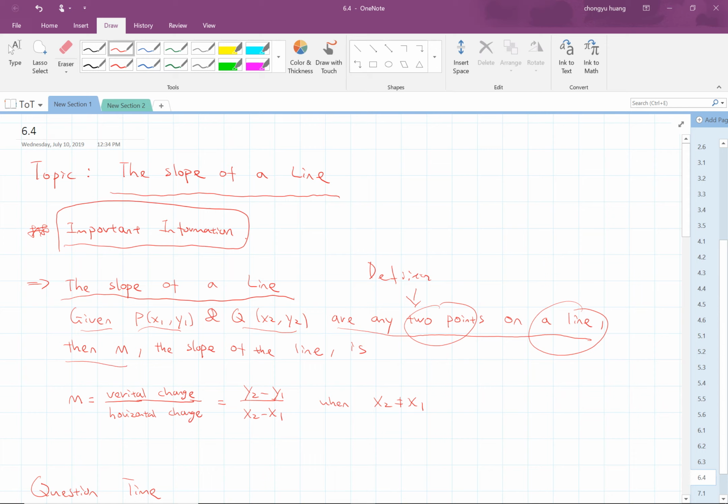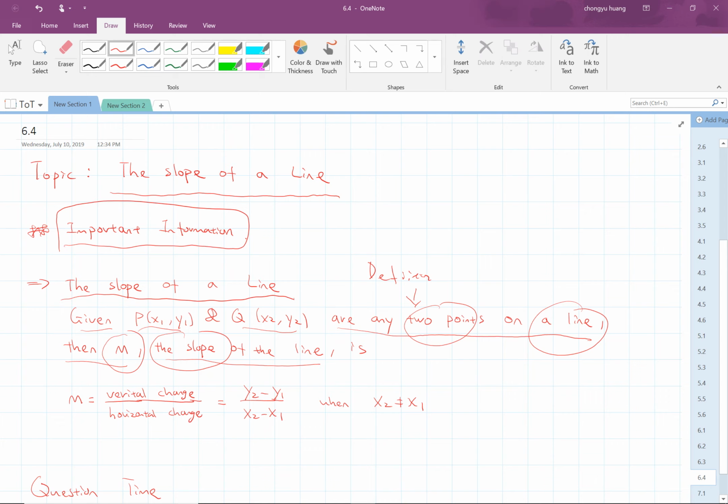When we talk about the slope, we usually use the letter m to measure it.